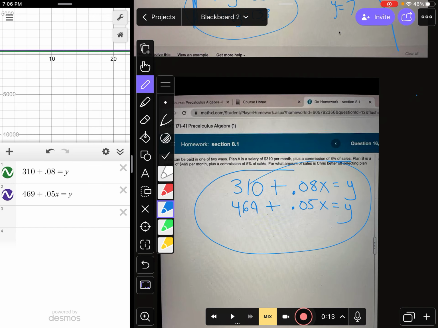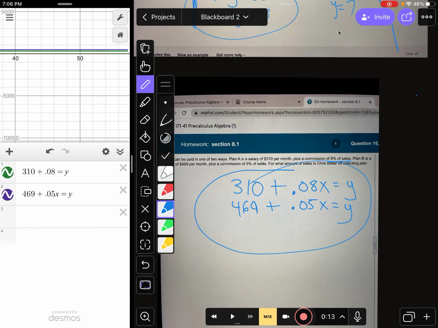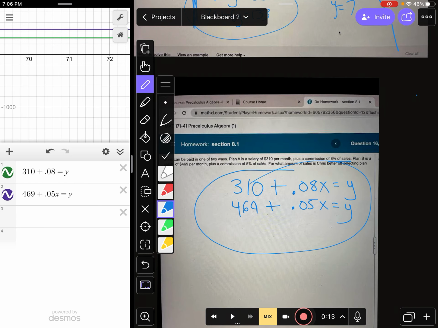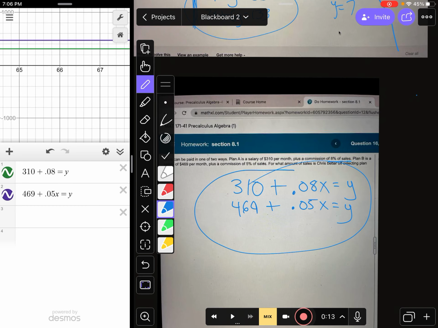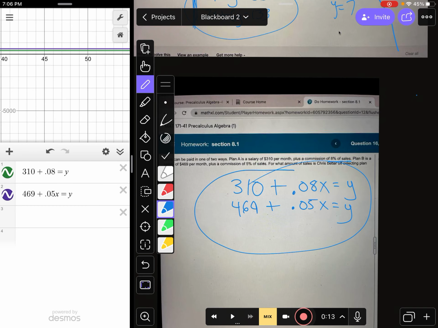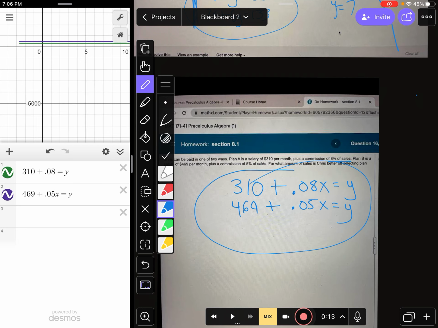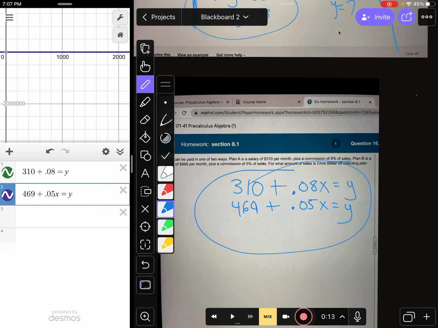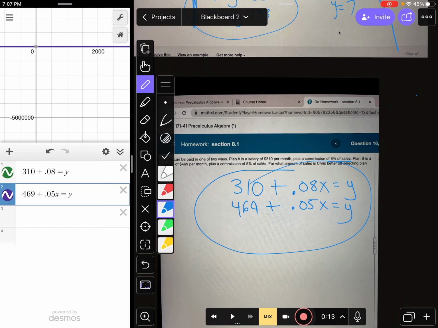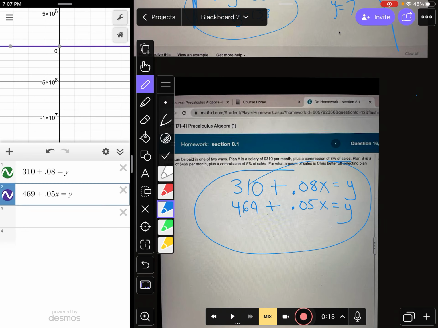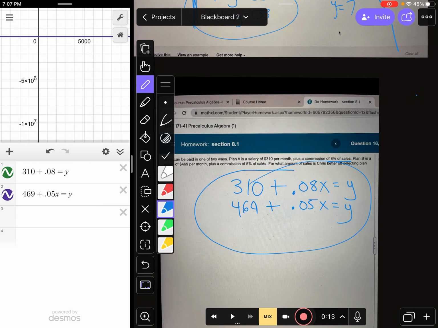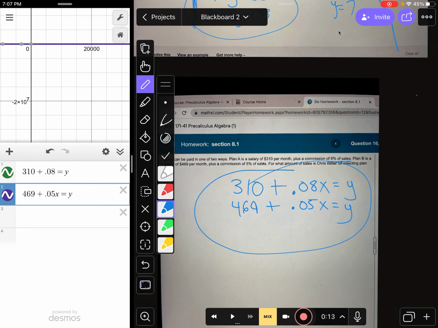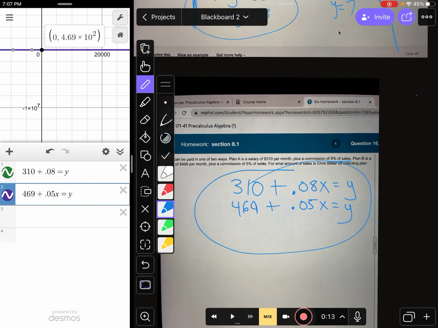Now, these will cross at some point. I'm not quite sure where. They're getting closer. So I need to find out where they cross. And are they getting further apart? No. Hold on one second. We're going to find it. Well, it's not over here, is it? Nope. Okay, it's fine. That's the x-intercept right there. That's not what I want. Is that it right there?